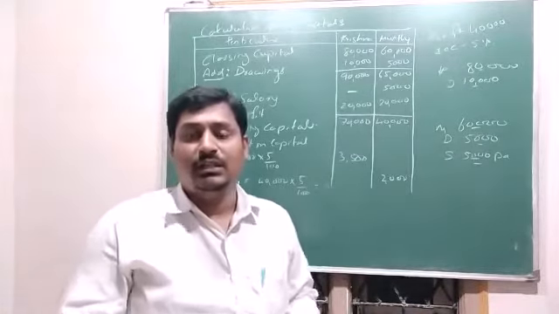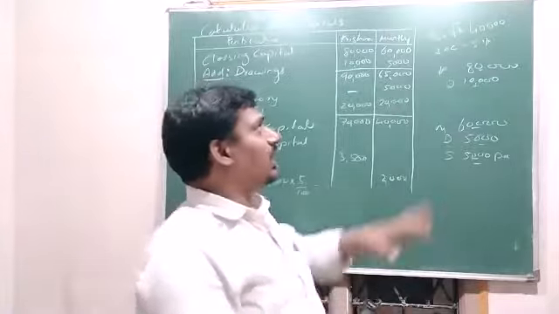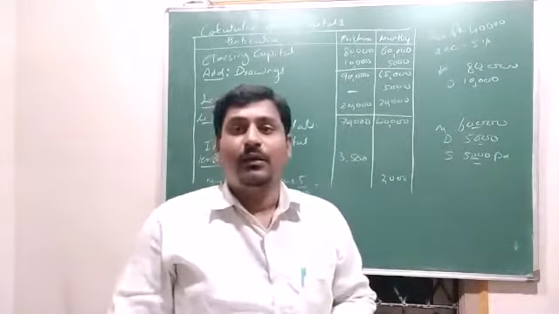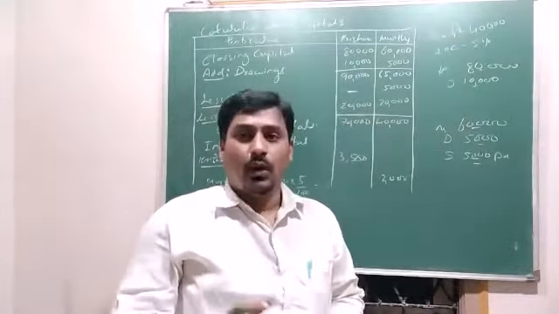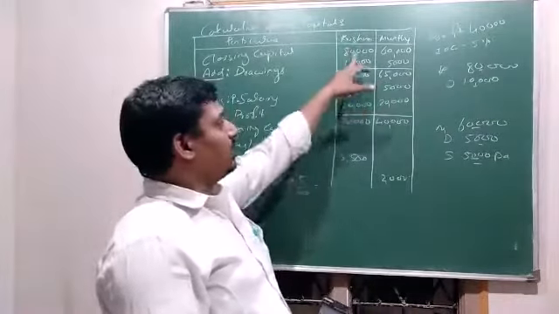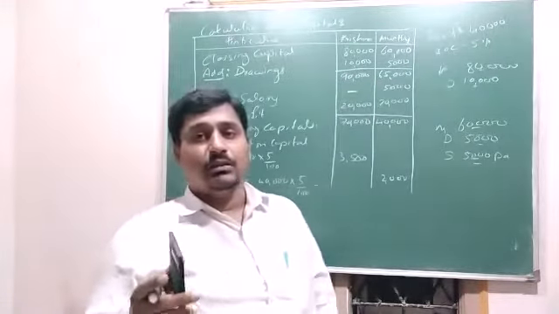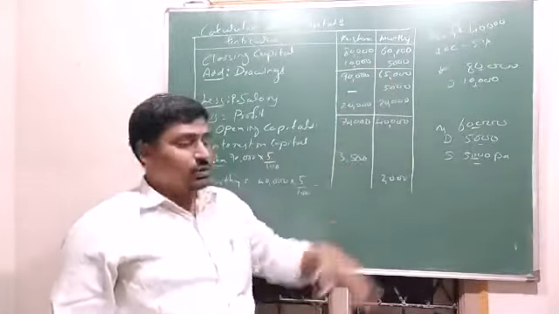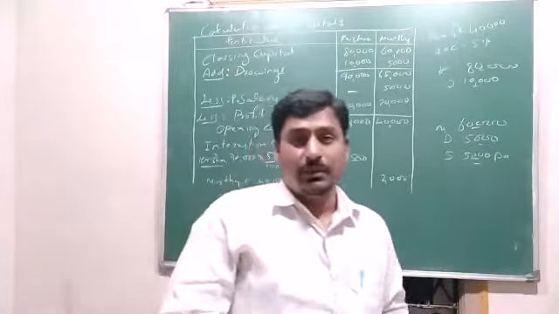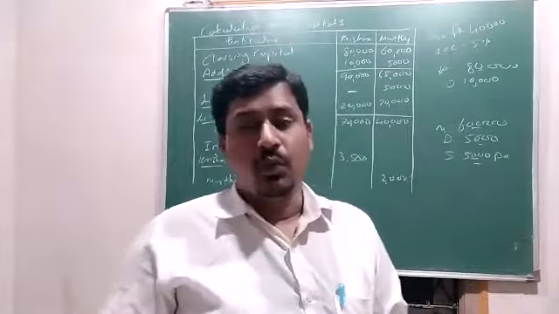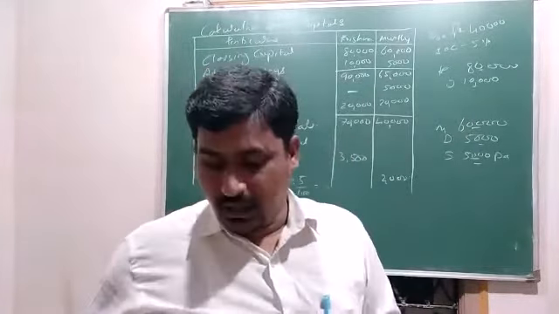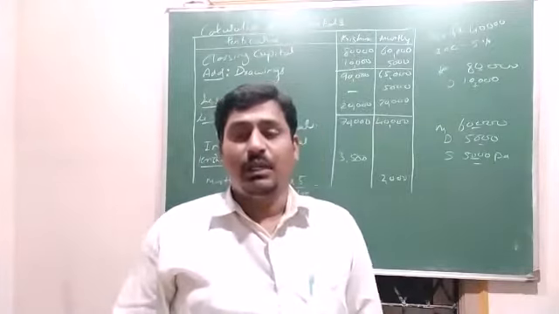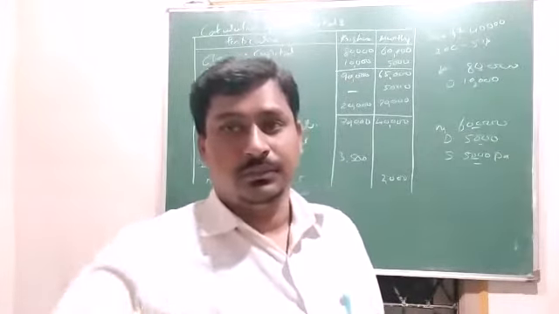After adding these two balances, we get exactly the final closing capital: 80,000 plus 3,500, 83,500 is the closing capital of Krishna, and 60,000 plus 2,000, 62,000 is the closing capital of Murthy. So this is how and why we calculate the opening capital of the partners.